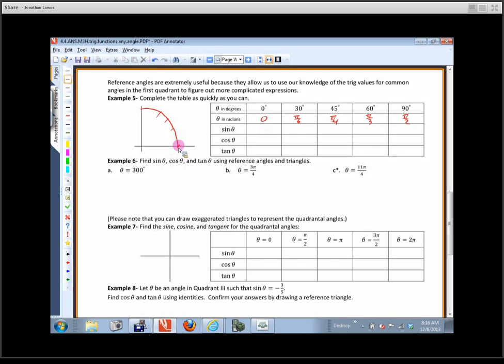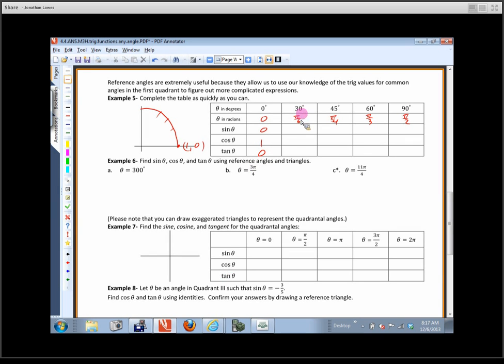For 0, this point right here is (1, 0). The y-coordinate is the sine, and the x-coordinate is the cosine. So the tangent is y over x, which is 0 over 1. So what's the tangent of 0? 0.